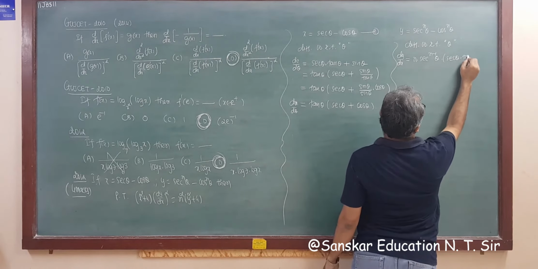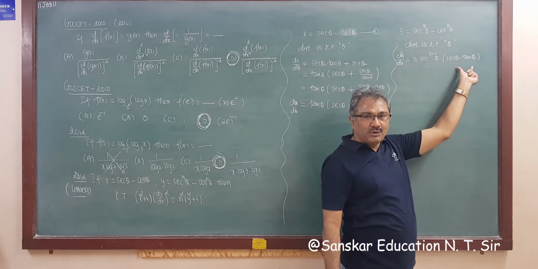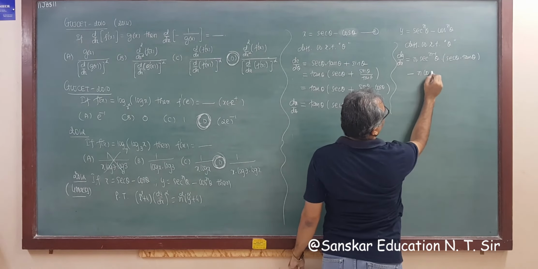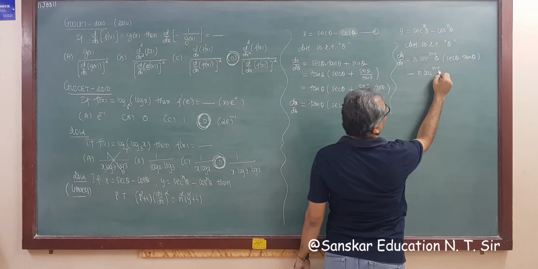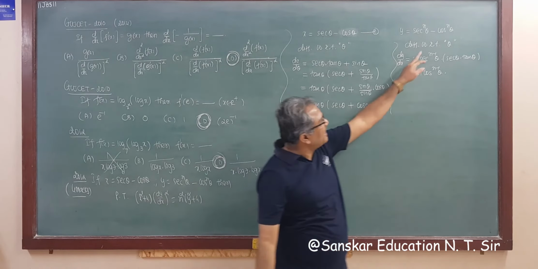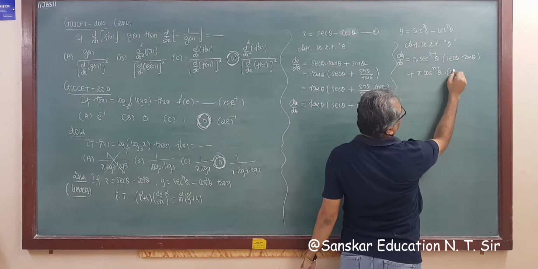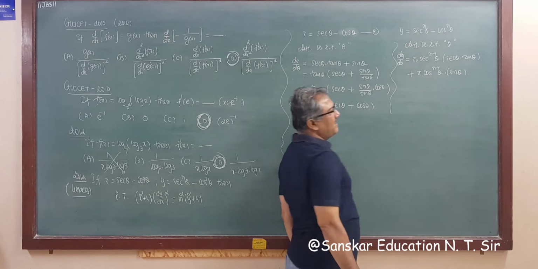Got it? Bracket raised to n is n bracket raised to n minus 1, and the derivative of the bracket is sec x into tan x, right? Similarly, this is minus n cos raised to n minus 1 theta, and the derivative of cos theta is minus sin theta. So minus and minus becomes plus. So this is sin theta.